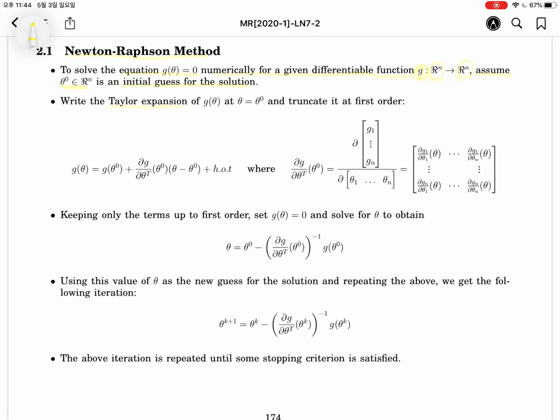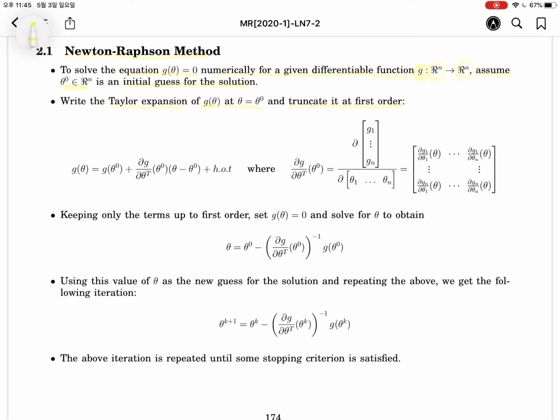In order to apply the Newton-Raphson method, Taylor expansion is used. g is a nonlinear equation, so we expand it at the initial guess theta 0 and truncate it at the first order.